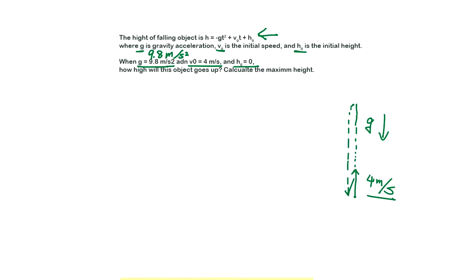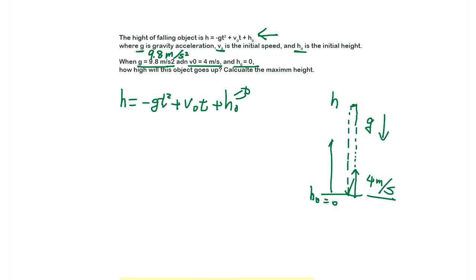So what happens is the height equation is given by gt squared plus v0t plus h0, and h0 is 0, which means you're measuring from the ground. So the height function by time is given already.